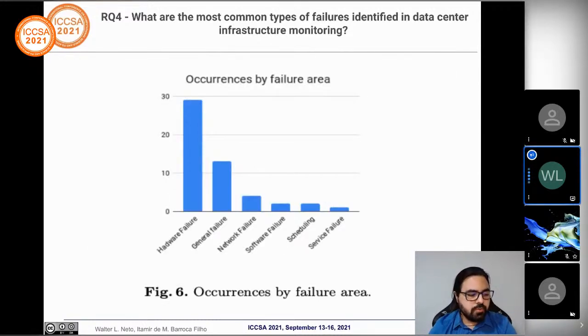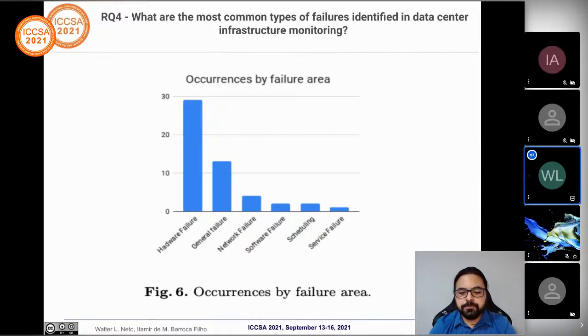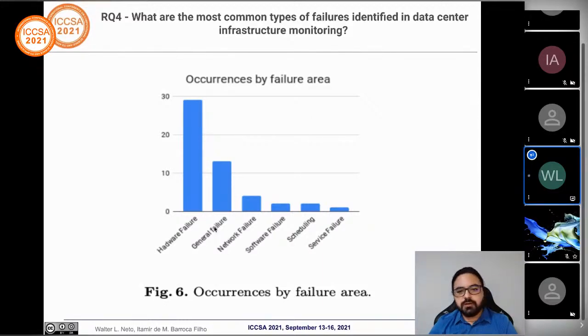So we also group the frequency of this failure, and as we can see, the majority of the studies focus on hardware failure and general failure.